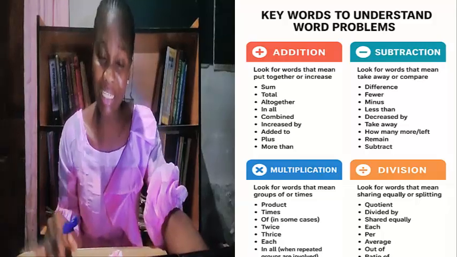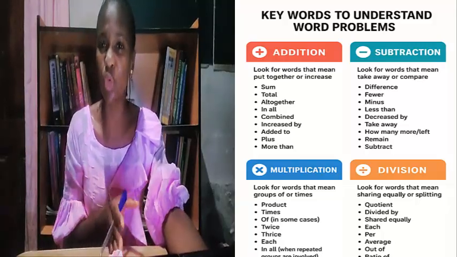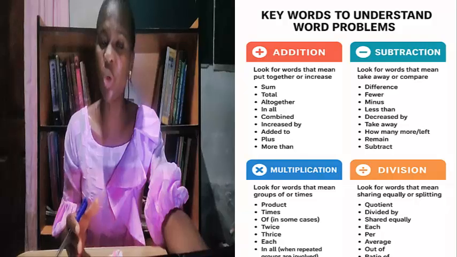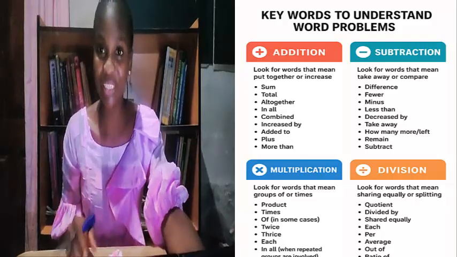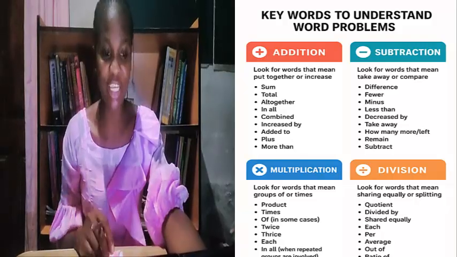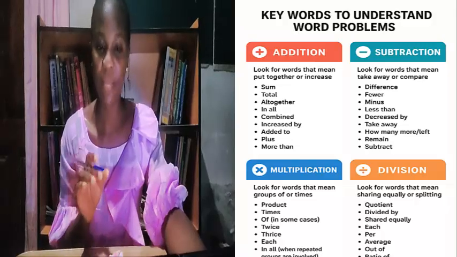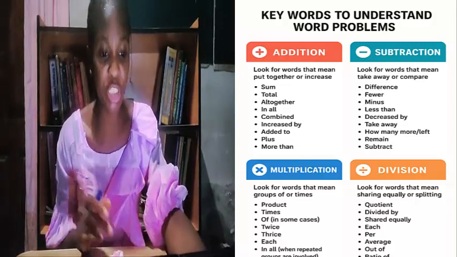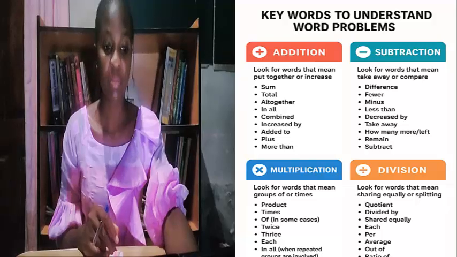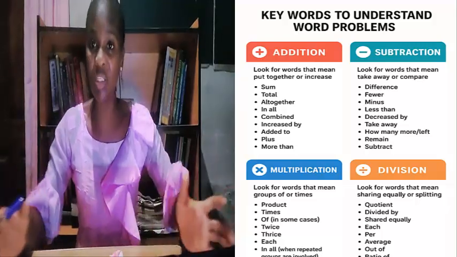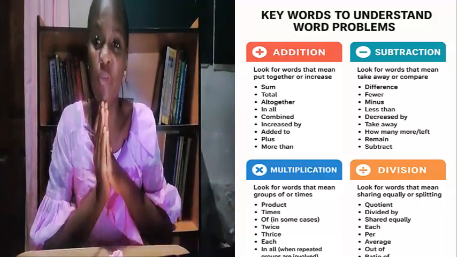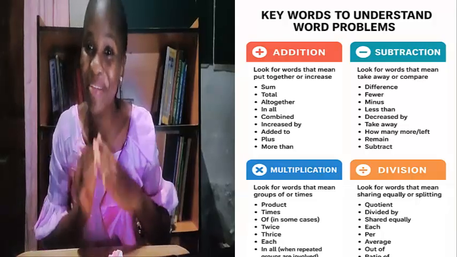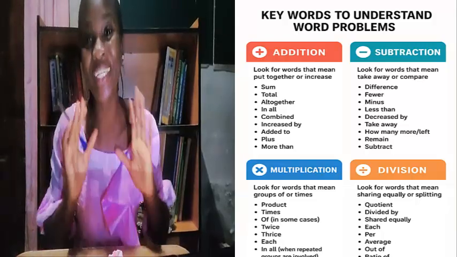Now, finally, we're talking about words that go with division. Those words include quotient, divided by, shared equally, each, per, average, out of. For these words, you are required to divide.